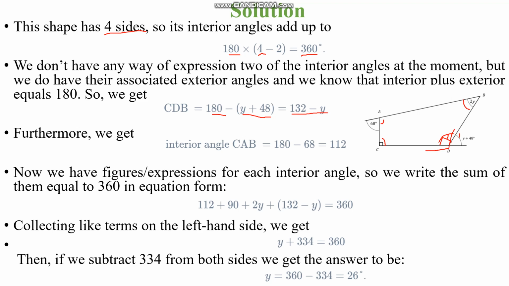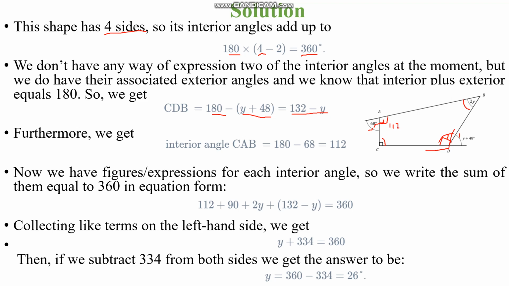And then furthermore, if you're to calculate the angle CAB, which is this angle, we will also do 180 degrees minus the 68 degrees, because these are adjacent interior and exterior angles. So we will get 112 degrees for this angle CAB.